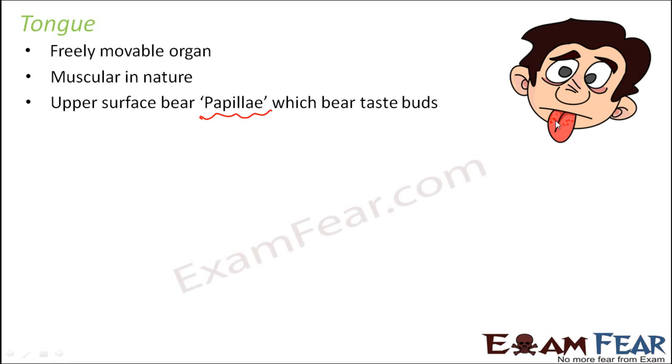If you observe your tongue closely, you will see some rough texture on the surface, and that rough texture is because of these fine hair-like structures known as papillae, and these papillae bear the taste buds. Because of the presence of these hair-like structures, we can feel the rough texture of the tongue. Not all, but most of the papillae are associated with taste buds.